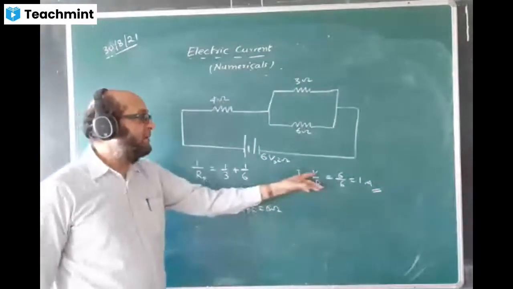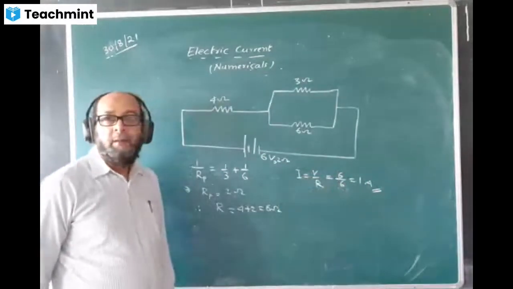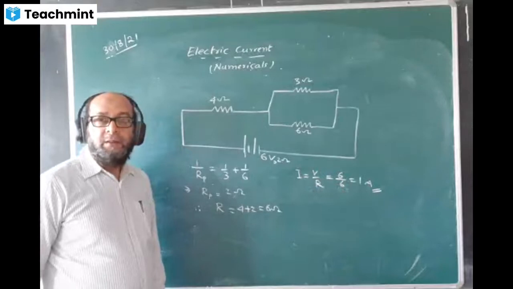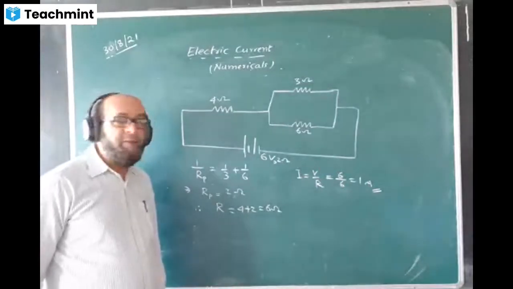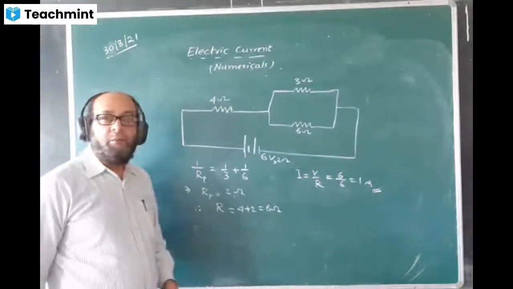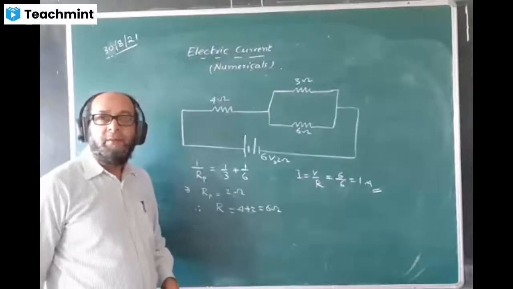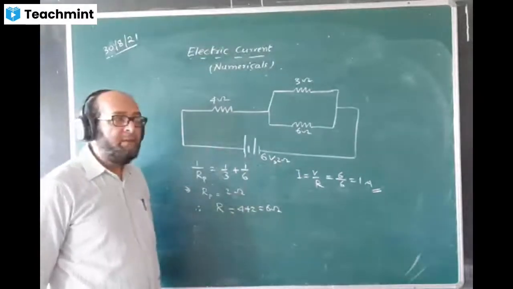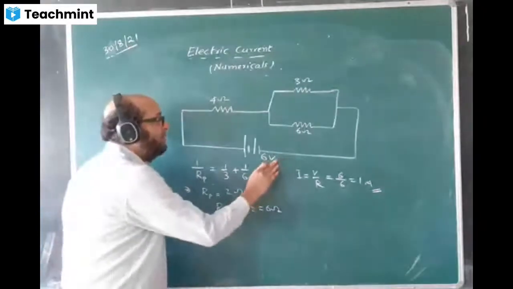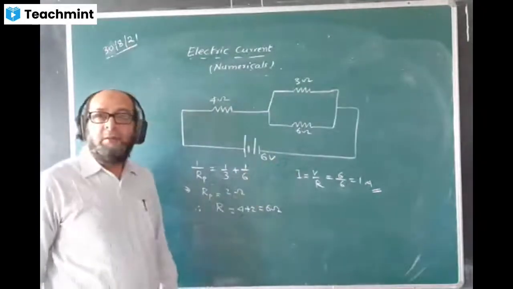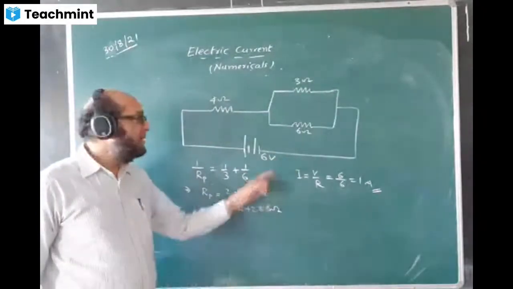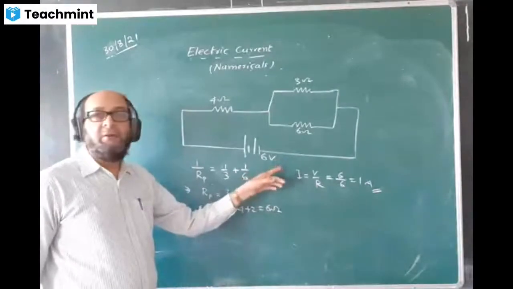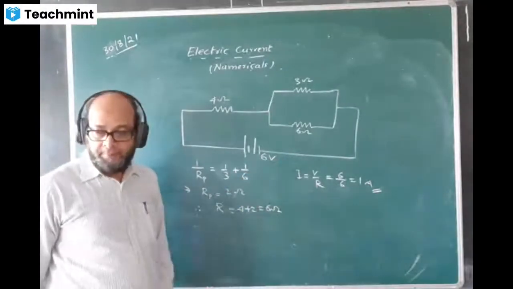Then the answer would be different, 6 by 8, that means 3 by 4, so the answer will be 0.75 ampere. So if it is given, then we will do it like that. Otherwise, the earlier answer is fine. Just know that if internal resistance is given, this resistance also will be taken into consideration.